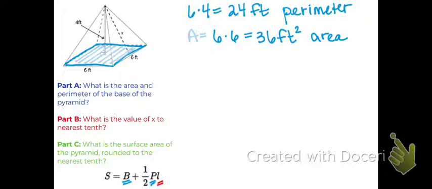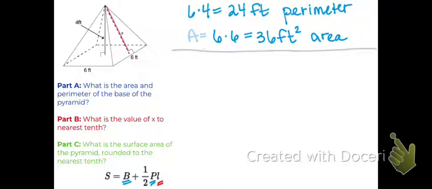Now let's look at part B. In part B, they're asking for the value of x. X is the slant height of our pyramid. It's the distance from the apex, the tip of our pyramid, down to the middle of one of the sides. So how can we use the information we're given to calculate the value of x, the length of x?